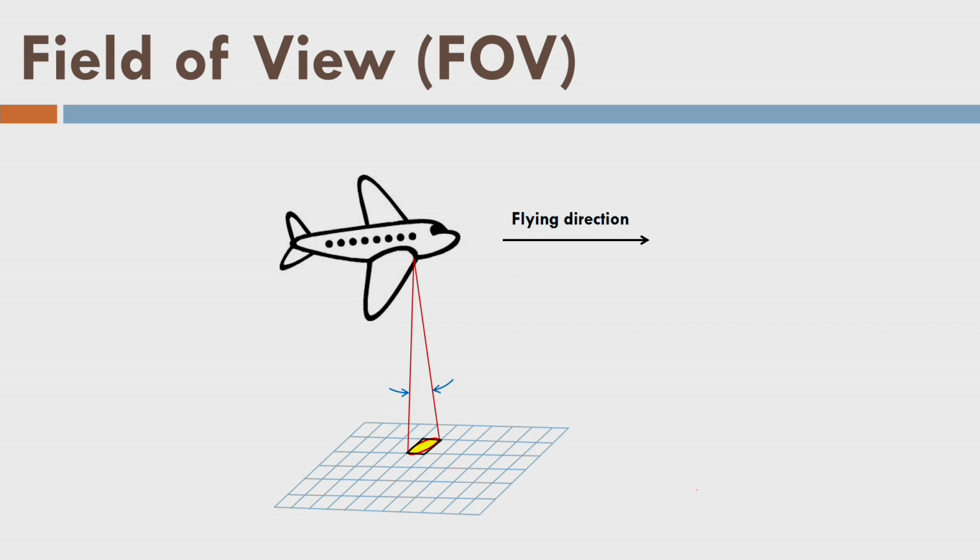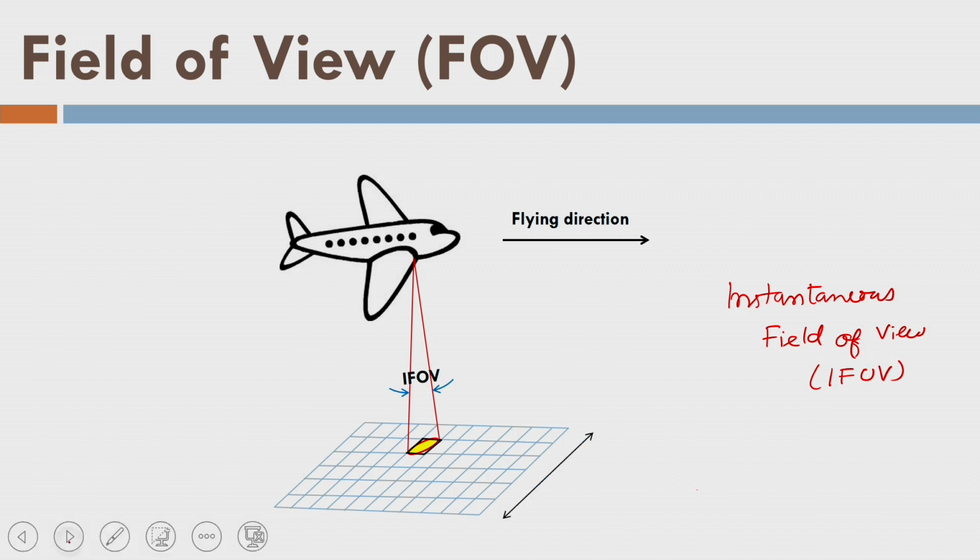We will look into these further terms, so just wait a few minutes. Now the angle subtended by one GSD or one pixel on the ground is called the instantaneous field of view, or IFOV. So, this is my IFOV.